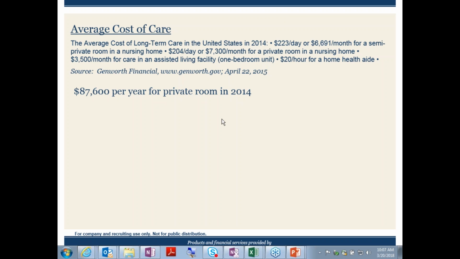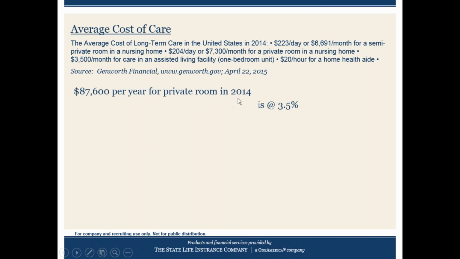Right now, this is based on a 2014 cost of care survey published by Genworth in April 2015. Average cost for 1 year private room in a nursing home is over $87,000. Now let's just take a very modest inflation increase of 3.5% a year, which by the way has now exceeded education.